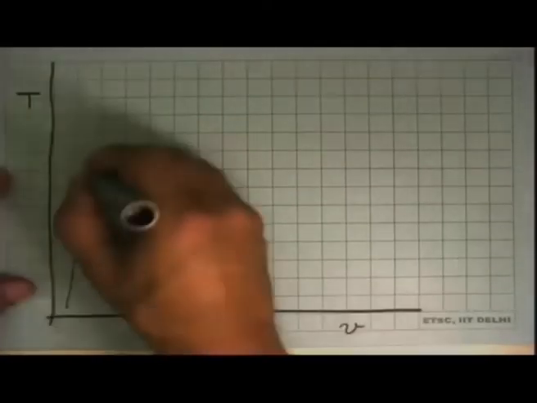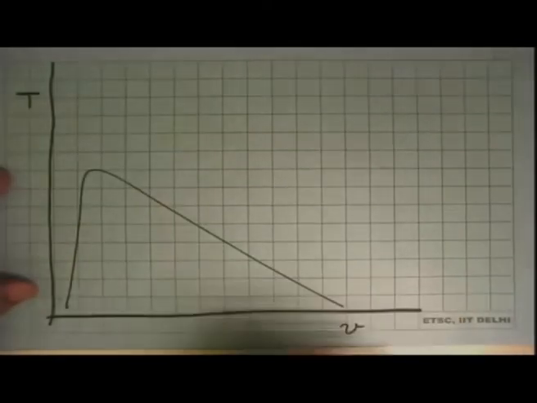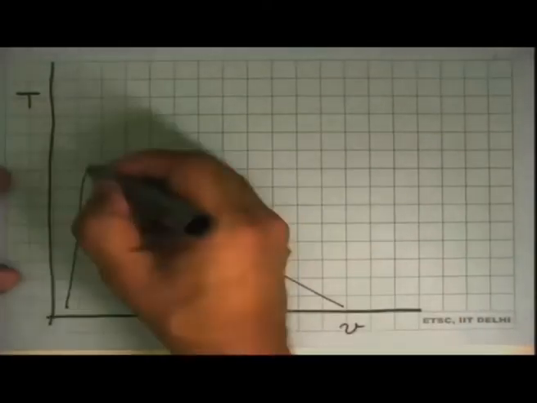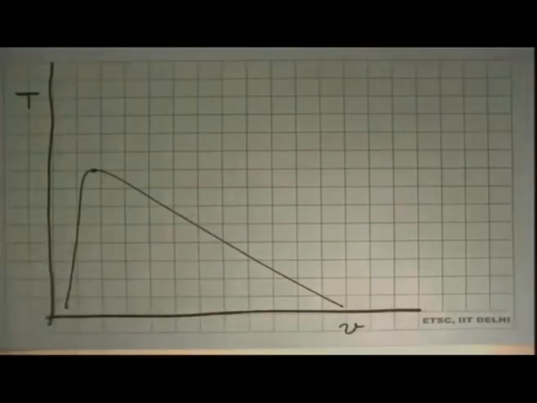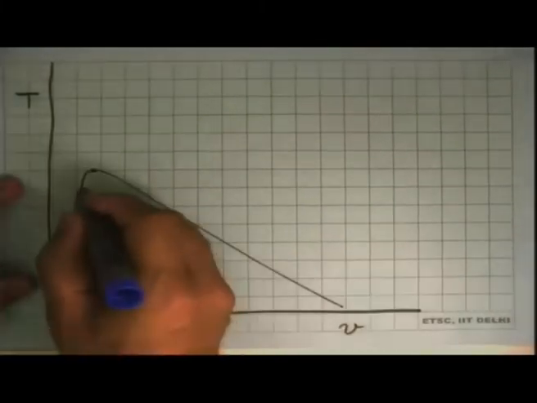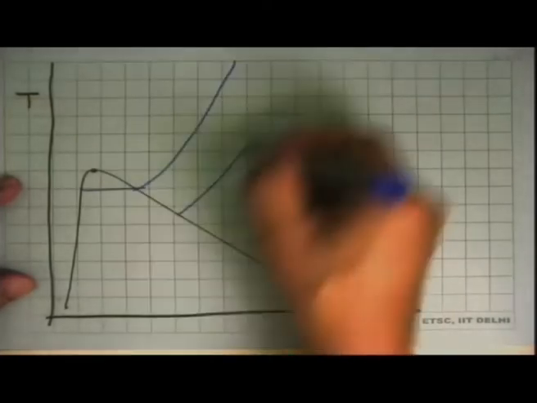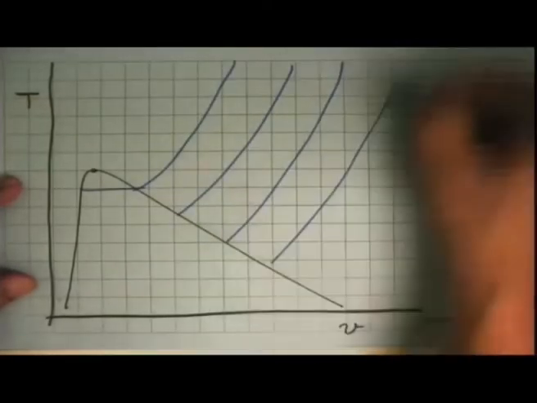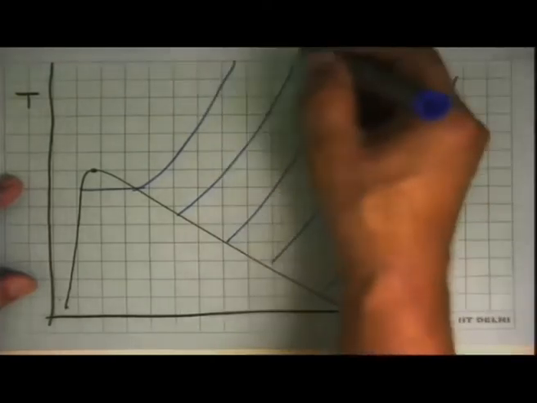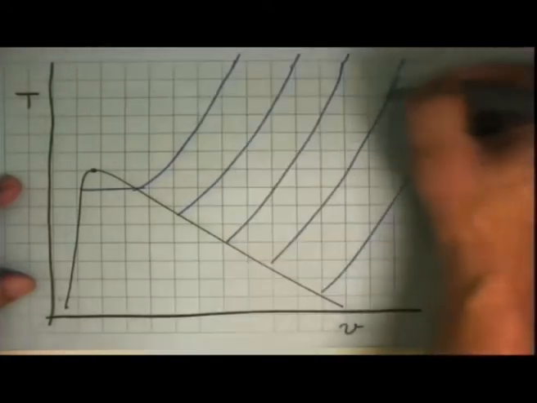And the same thing happens on the TV diagram also. So here is what is going on. If you make the TV diagram, this curve was like that, and you had the critical point at the top. As we go far away, all these constant pressure lines that we were looking at become nice, straight, and almost parallel to one another.